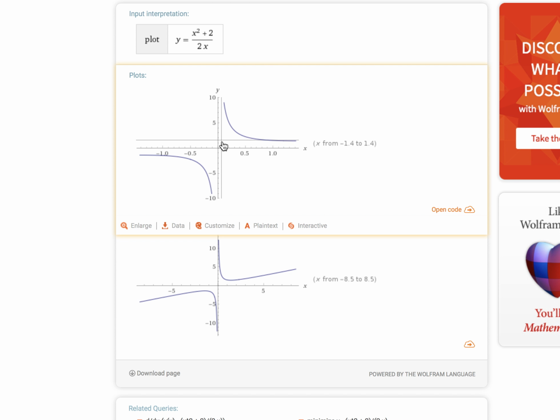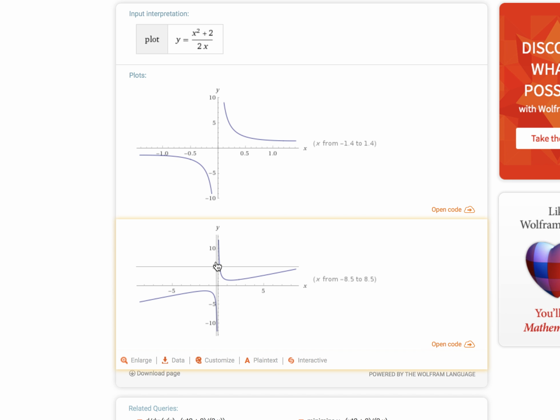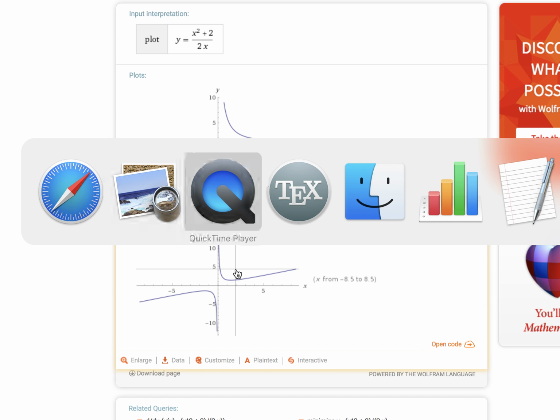Up here you can see that the x values are only going between 1 and minus 1. This is a more representative picture where we have a bigger x range. It looks like when x is positive, it gets really big, and then there's a minimum here. And then there's something else going on with the negative. So that's maybe our research. Let's go back and see what's going on.